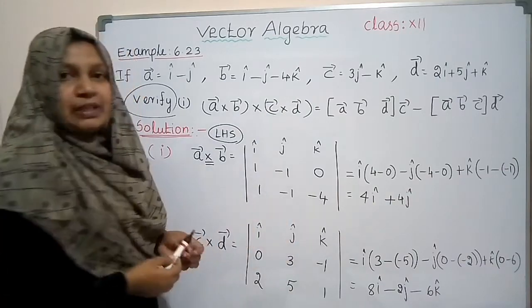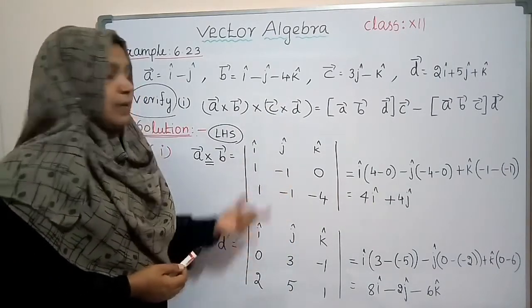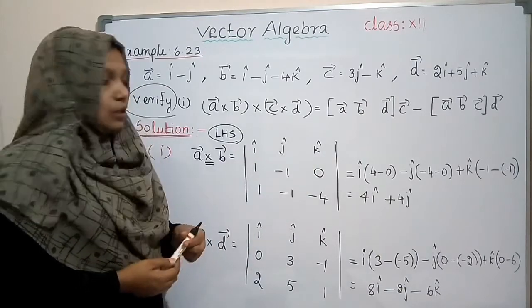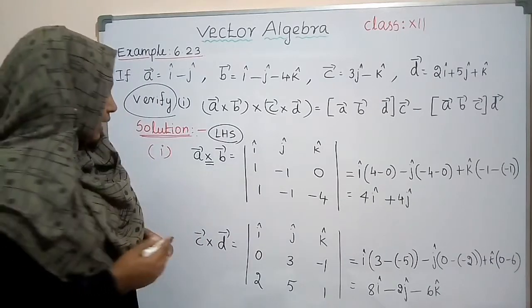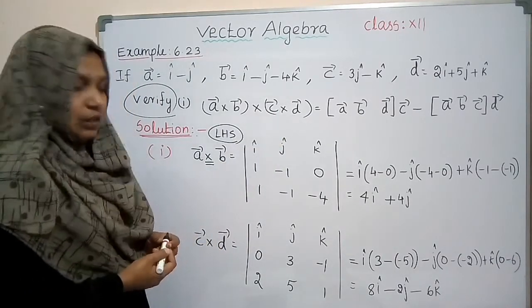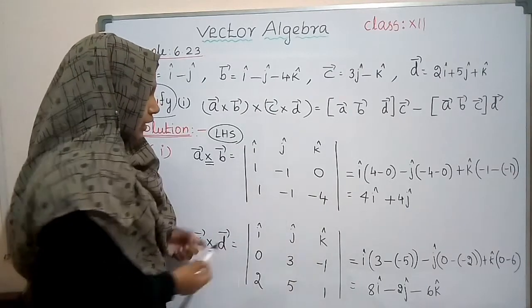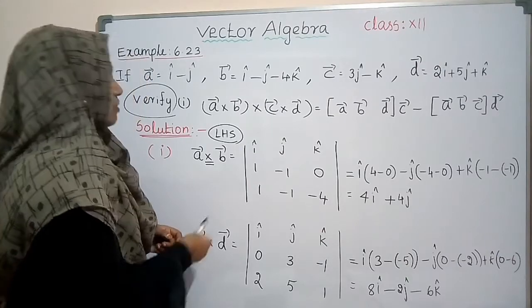Then calculate the determinant value by expanding along the first row. We are getting 4i cap plus 4j cap. Again consider the second vector, c vector cross d vector, then the first row will be usually i cap, j cap, k cap, and we should consider the c vector components.